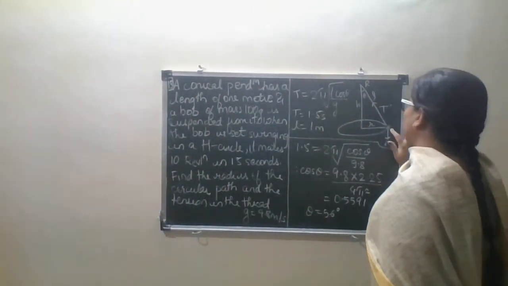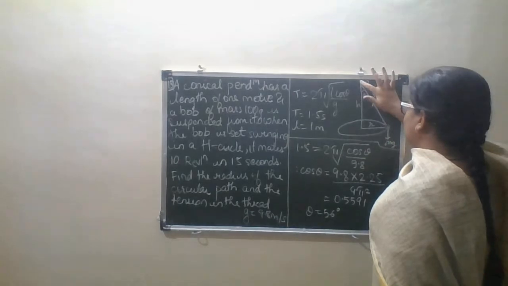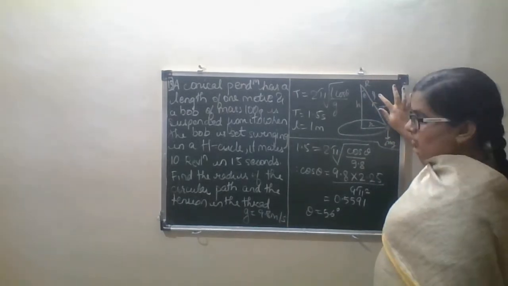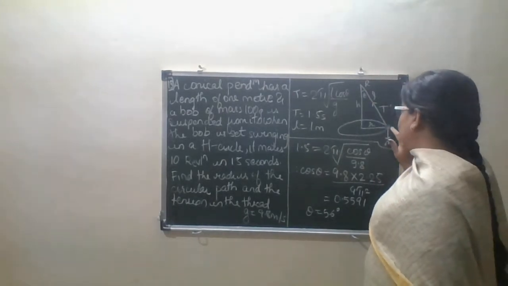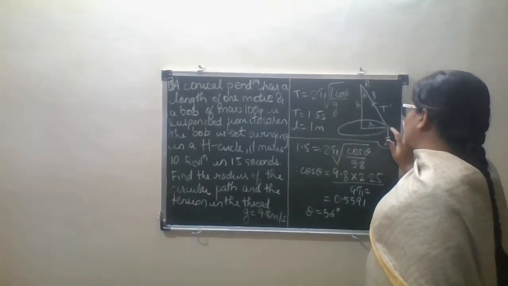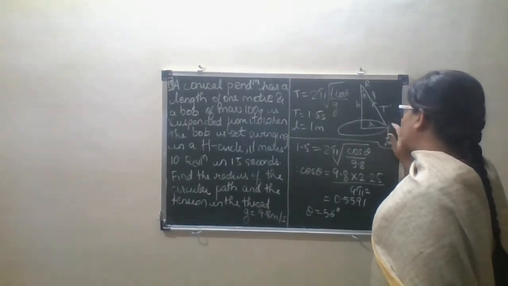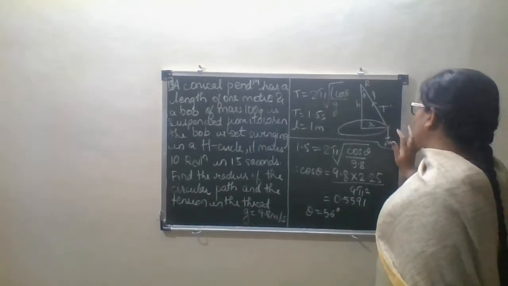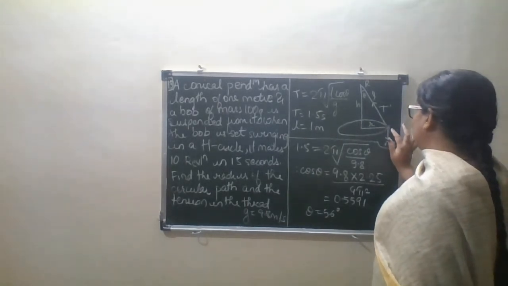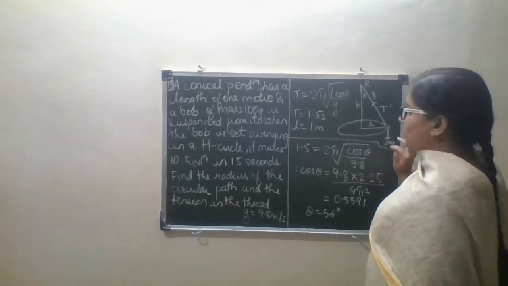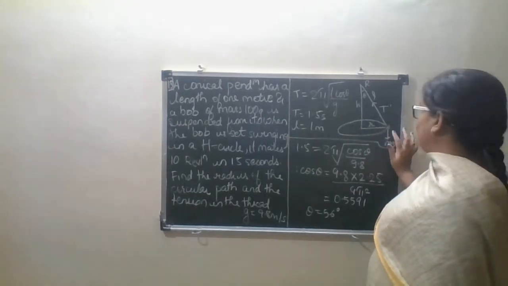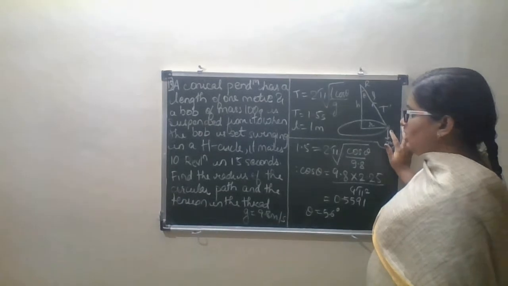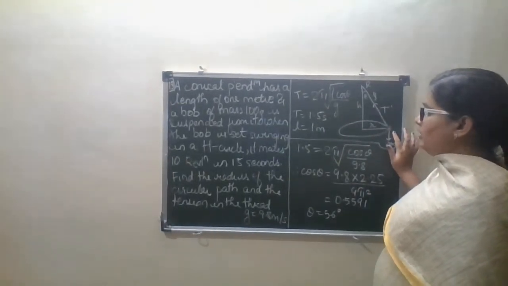Here is the conical pendulum and its length is L and this is the bob, its mass is m, and the force acting downwards is mg. The mass is 100 grams, suspended from it.